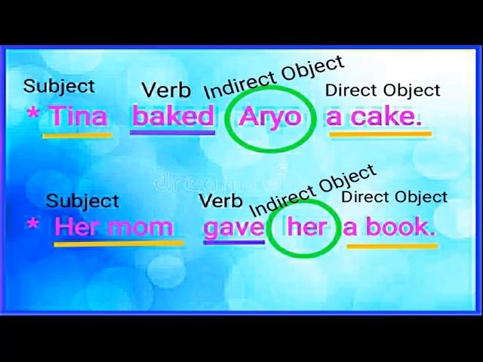Therefore, a book is a direct object. And whom is the book given to? And your answer is her. Therefore, the pronoun her will become the indirect object, the receiver of the direct object.